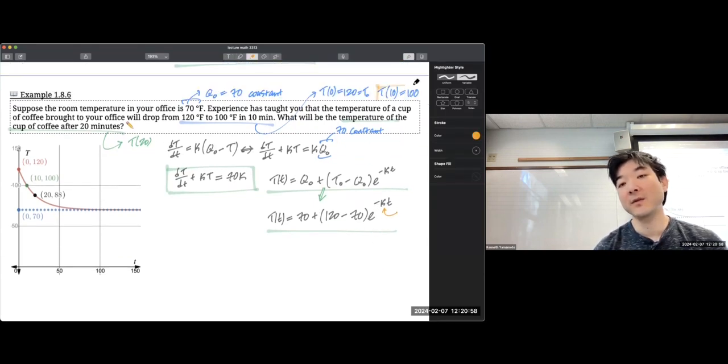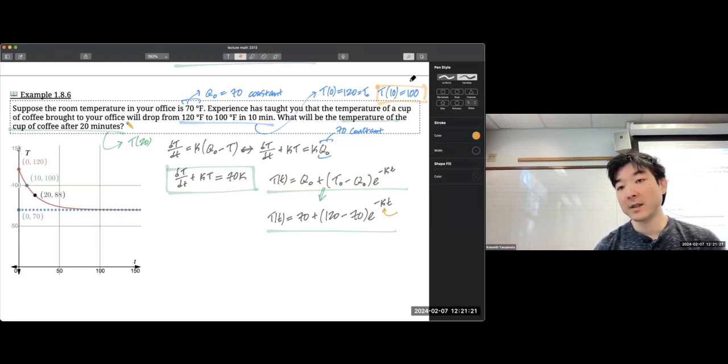They usually give you enough information to fit the proportionality constant. Just like with the population growth, where you observe that after 10 minutes this much bacteria was there, there was always some kind of condition that allowed us to compute the rate term.